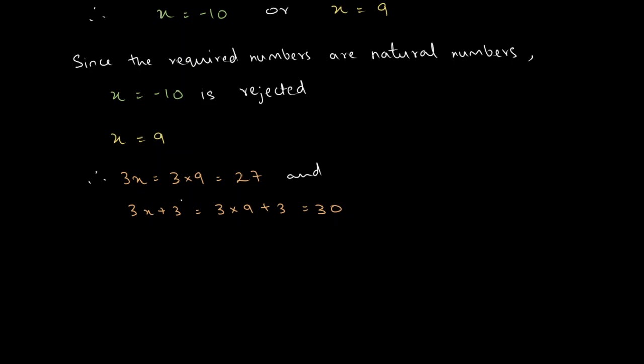So the two required natural numbers which are multiples of 3 are 27 and 30. That will be our final answer. So the required natural numbers are 27 and 30, and this is my final answer.